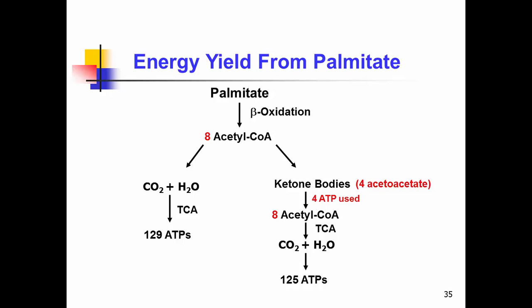We already calculated this before, right? Let's say in the muscle, if we completely oxidize palmitate to acetyl-CoA and 8 molecules of acetyl-CoA enter the TCA cycle for complete oxidation, this generates 129 ATPs, right?